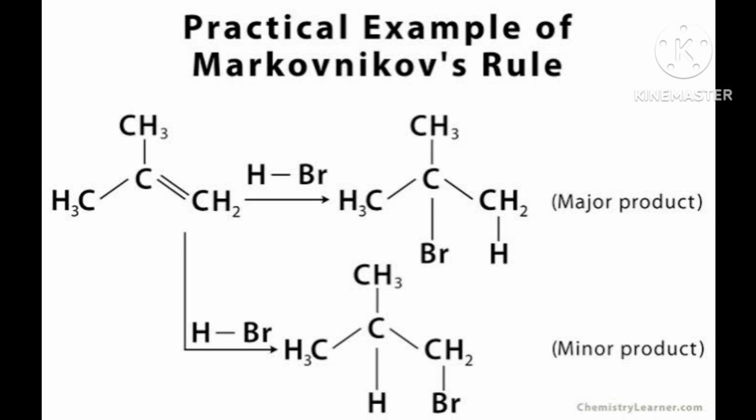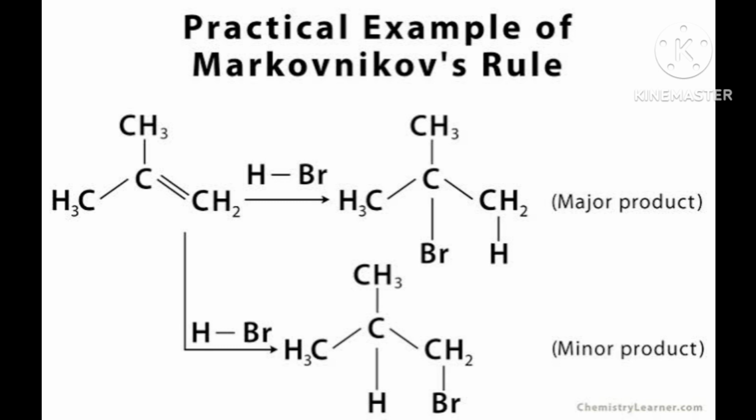The rule states that the negative part of the addendum, here HBr meaning the bromide ion, the addendum meaning the adding molecule, gets attached to that carbon atom which possesses the lesser number of hydrogen atoms. Always remember, the negative part will attach to that carbon where the number of hydrogen is less.